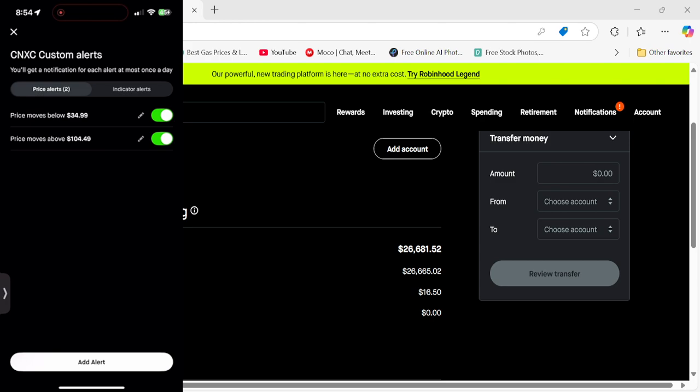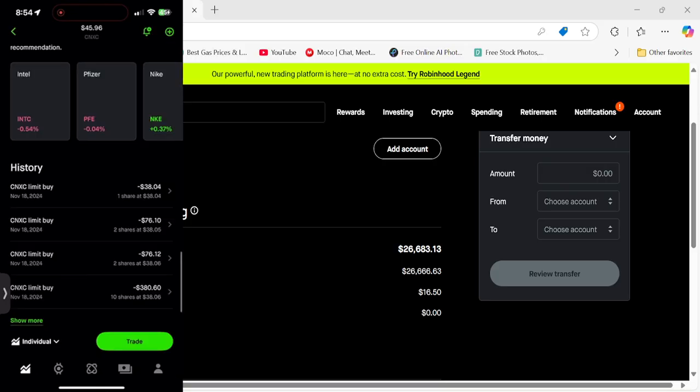On this notification, since it's supposed to top out at 106 something, it's $1.50 lower. I always set the notification for $1.50 lower. On the high, 104.49, and the low is set for 34.49. So that's basically another $70 profit one.